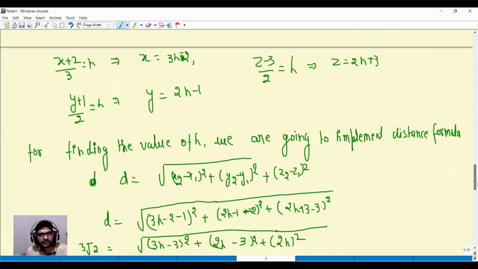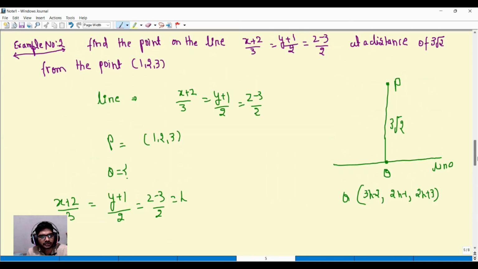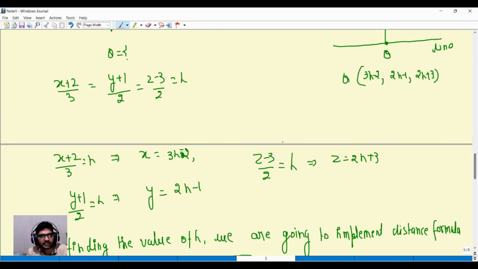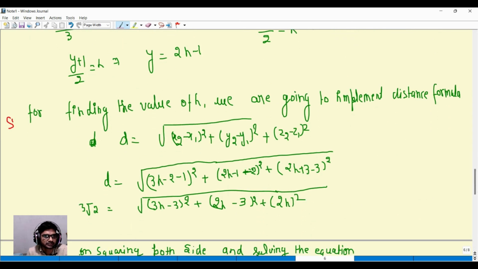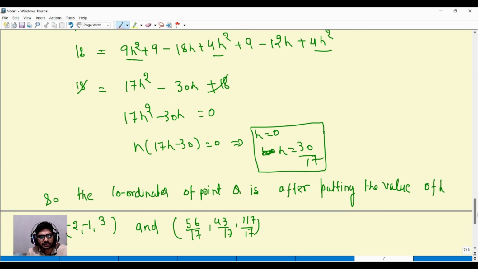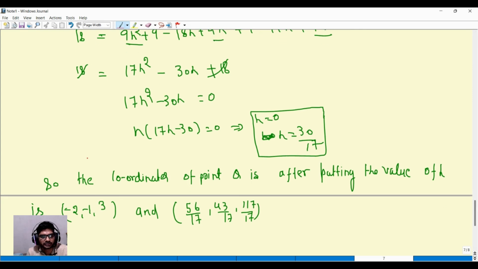Okay, so by using this, we are going to do it in steps. We can say that step first is this, step second is this, and step third is this.